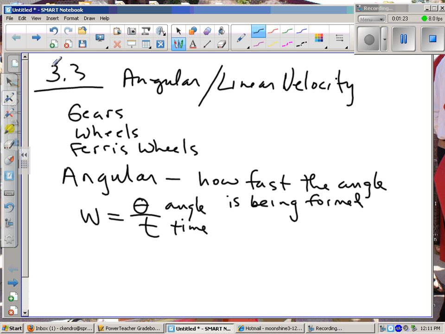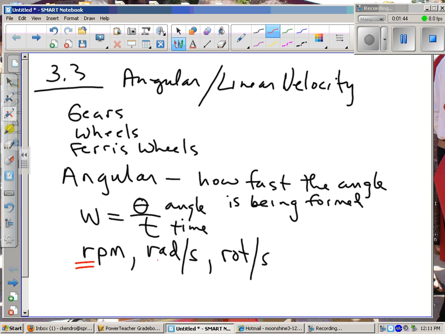Now when you talk about angular velocity, you use labels such as revolutions per minute, or radians per second, or rotations per second. Any of those are considered going round and round. Revolution, radian, and rotation are all round and round. If you notice, all three of them start with the letter R, and for our purposes, we're always going to use one of those three.